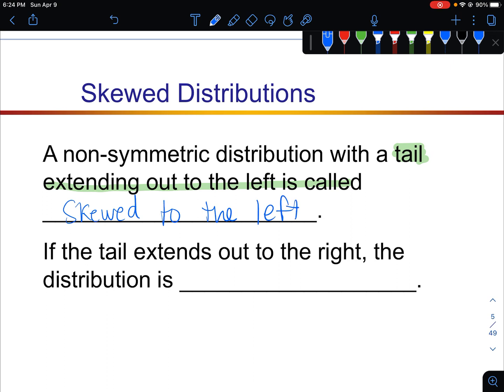Again, it doesn't sound confusing, but when we look at the picture, you'll see why we can mix it up. And when the tail extends to the right, we call that skewed to the right. And we'll see some diagrams on the next slide. So these ones are going to be non-symmetric distributions.